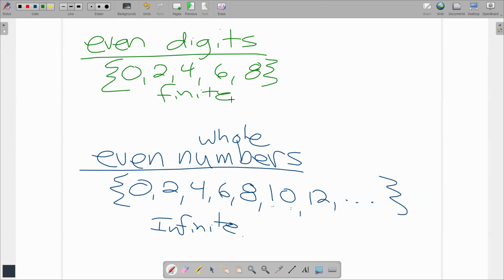My main focus in this section in the books is finite sets. Rarely will we go with sets that go on forever, because the important thing for me in this section with sets is the question, how many? How many are in that set?